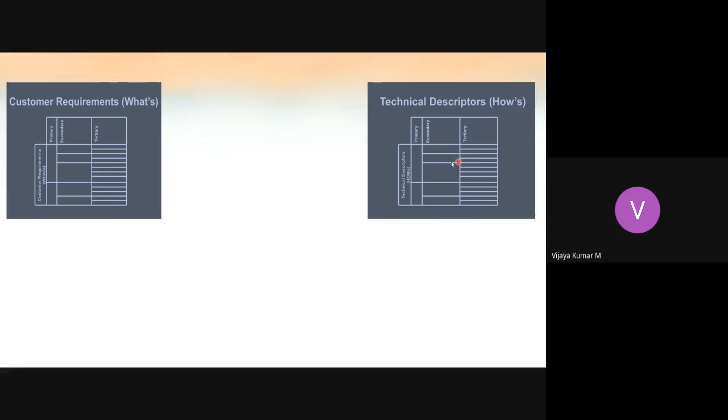Because during transportation, some tires may wear out, or some damage may happen. So for changing immediately at the shop, how many spokes are required, all that information will be gathered here. If you go deeper into the technical descriptors, you will understand them better. This is how you will develop the customer requirements.